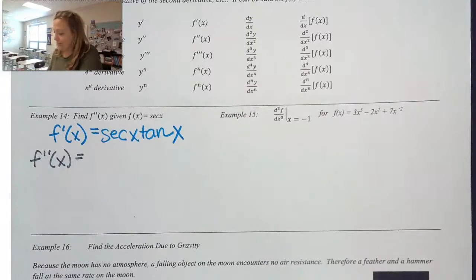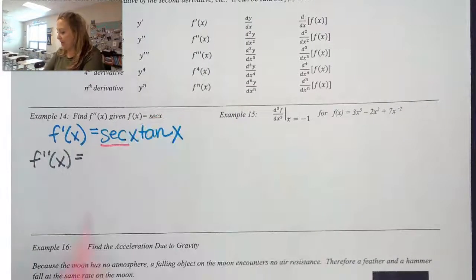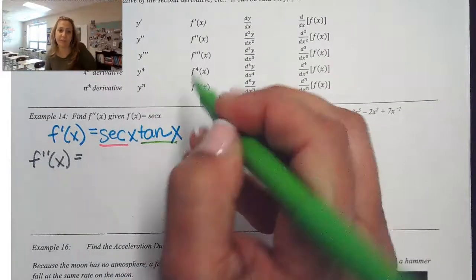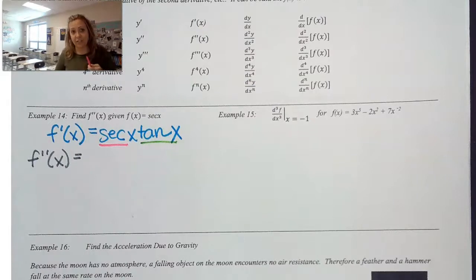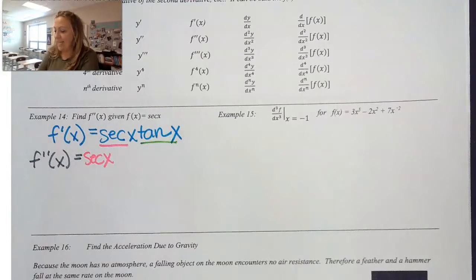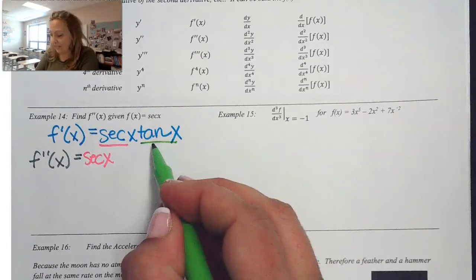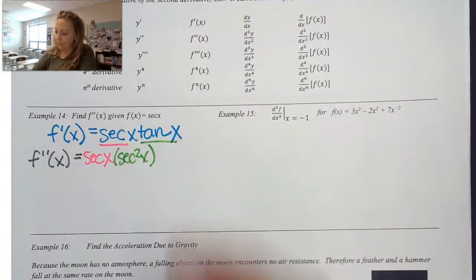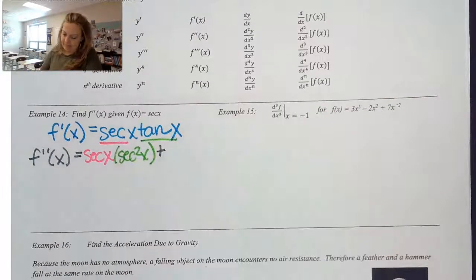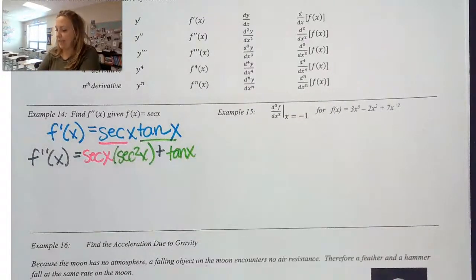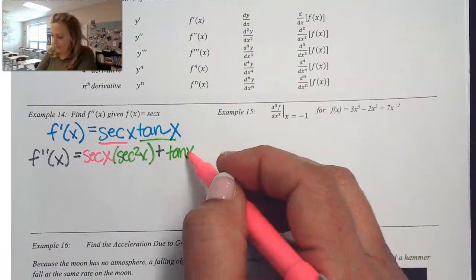Well, guess what? We're going to have to use our friend, the product rule, because we have two functions involving that input variable, secant x and tangent x. So to use the product rule, I know I'm going to take the secant of x, and now I want the derivative of tangent of x, so that's secant squared x, plus, now I take the tangent of x, and I multiply it by the derivative of secant of x.